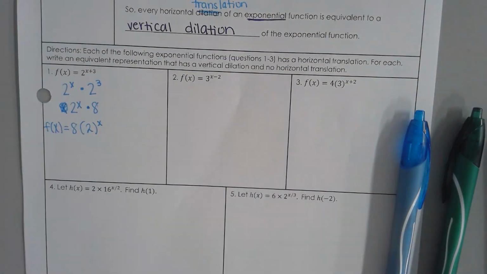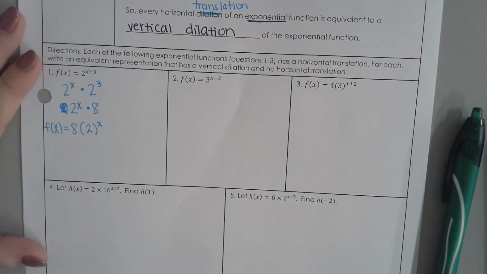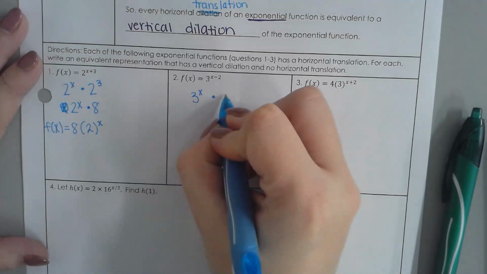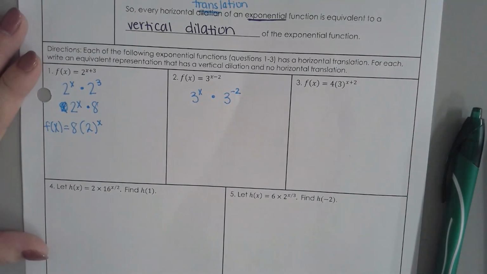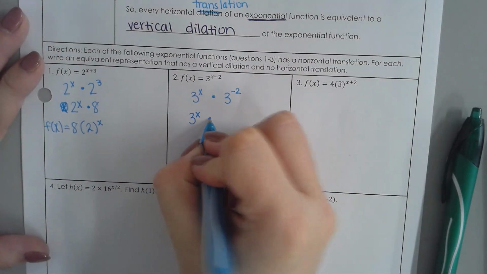The x minus 2. How would I write that one? Close. 3 to the x. If it was 3 to the second, that would be x plus 2. Negative second. Which is really 3 to the x.